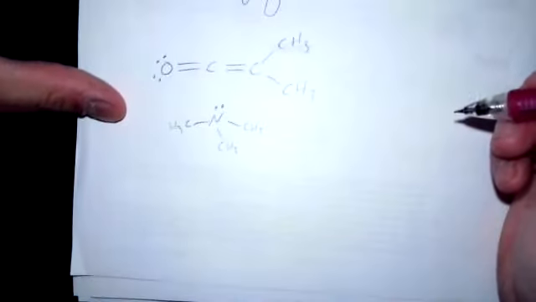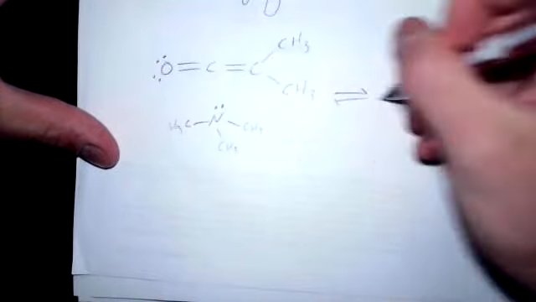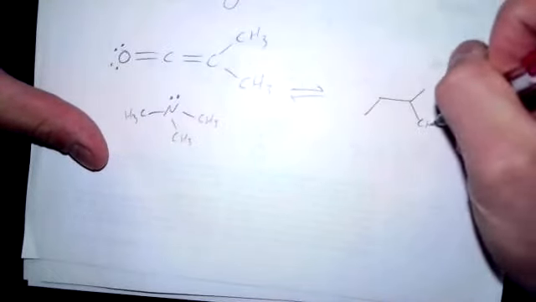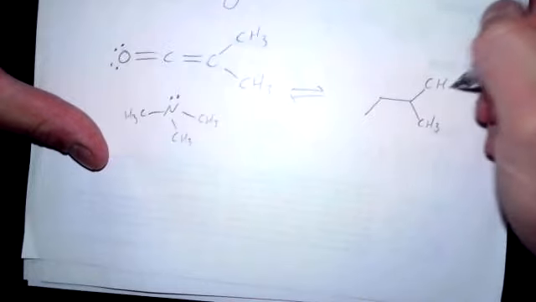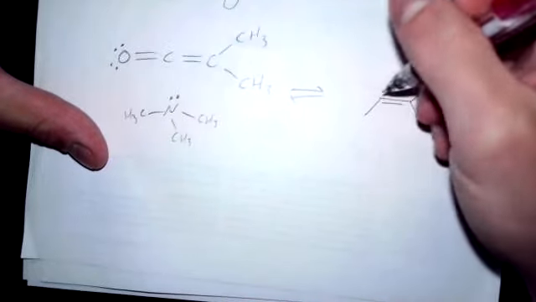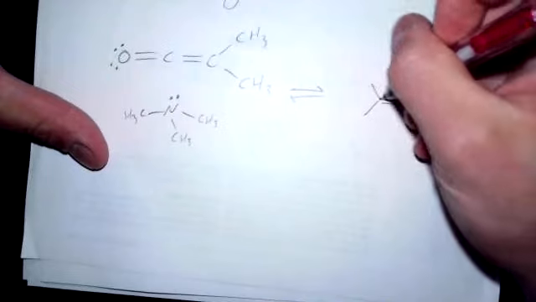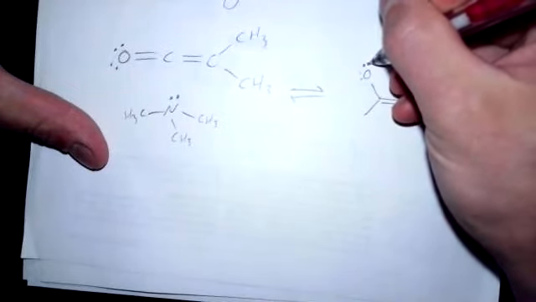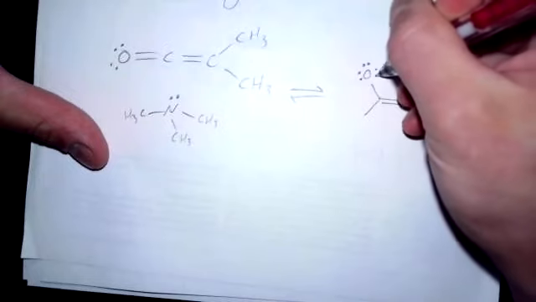Okay. So if you just look at the bonds being broken and formed, I think that typically gives you a good hint at how to draw a mechanism. So let's take a bit of an inventory. I'm going to go ahead and draw on the lone pairs as well while I'm at it.